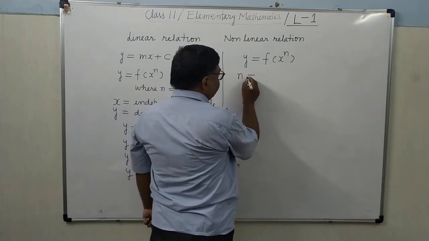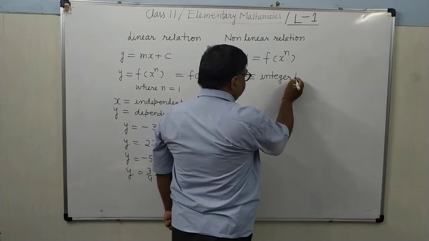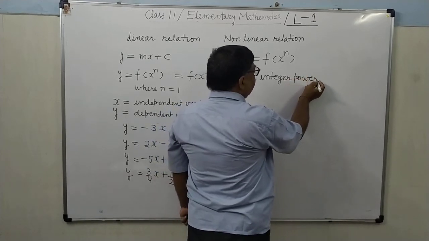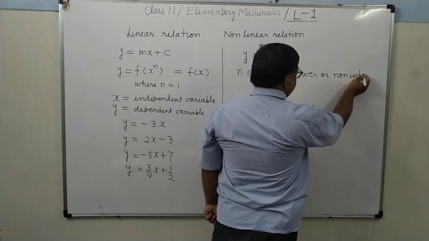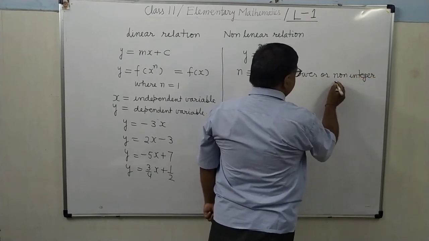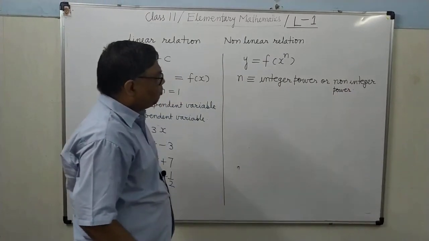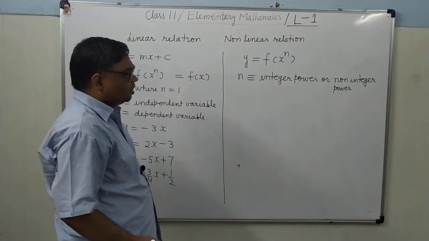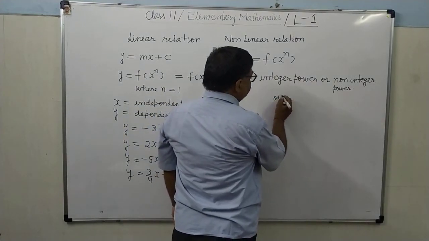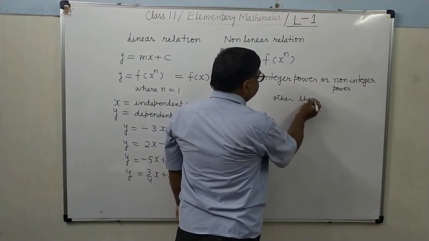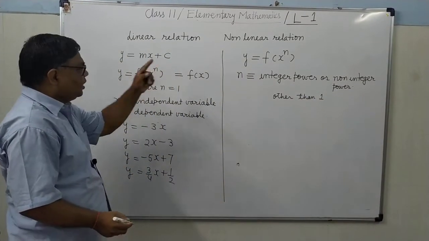Here n may be an integer power or a non-integer power also. It's clear. Means powers may be integer or non-integer, other than 1. Because if this is 1, then it will become a linear relation.